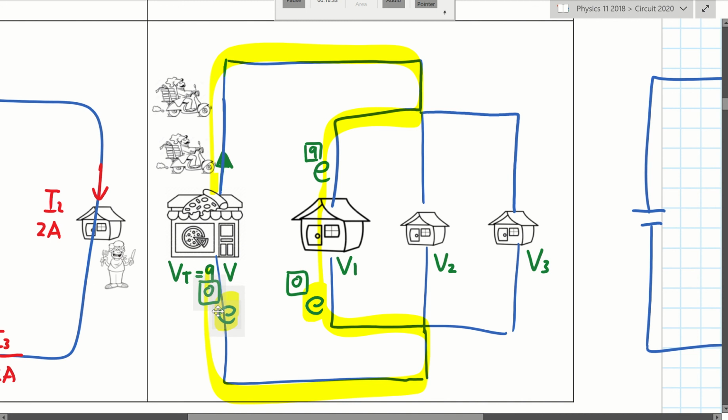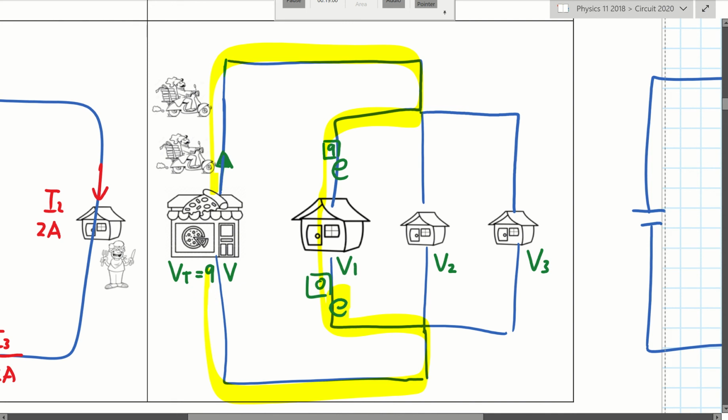So just before you enter, you have 9 volts, and after you exit, you have 0 volts. You drop your pizza, then go back to Pizza Hut and pick up 9 more pizza, and you do the whole job again.